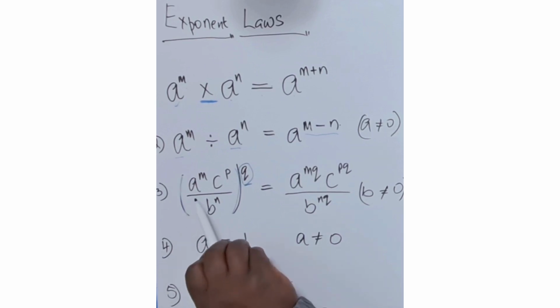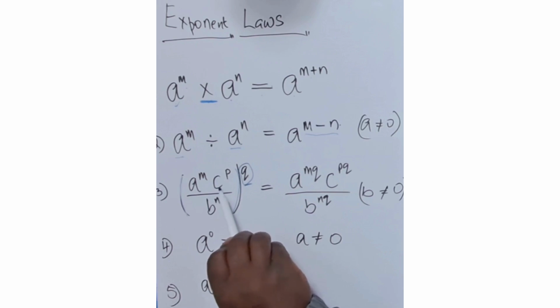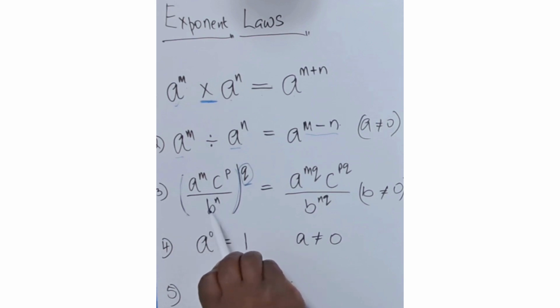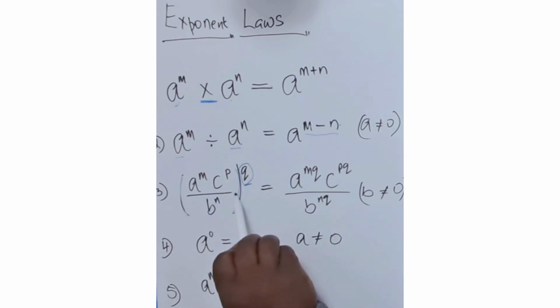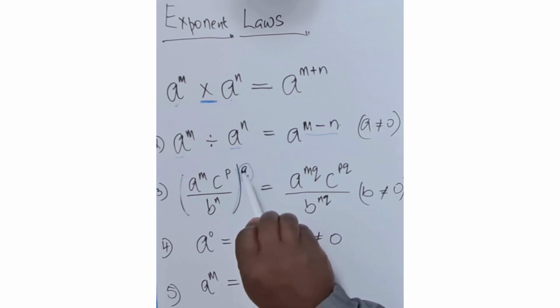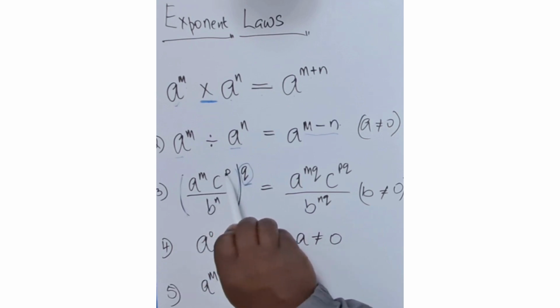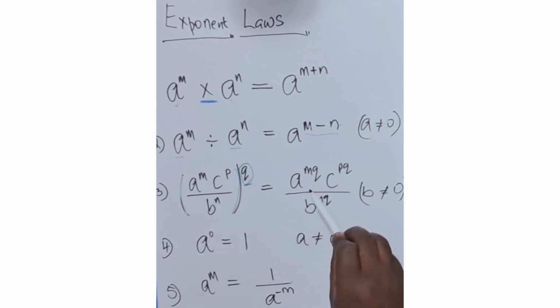In this case we have a to the power m multiplied by c exponent p divided by b exponent n, and all of this is raised to the power q. So what does the law say? It says you multiply everything by the q, as we're seeing here.